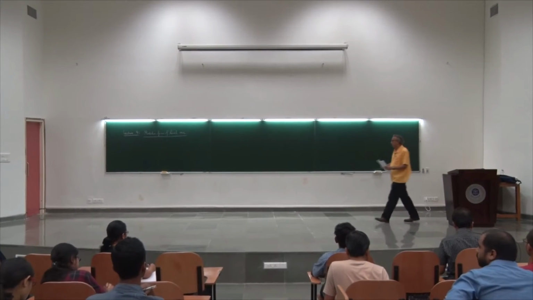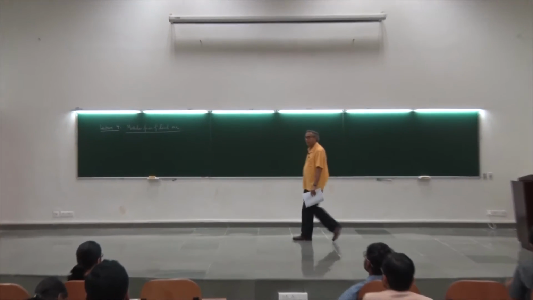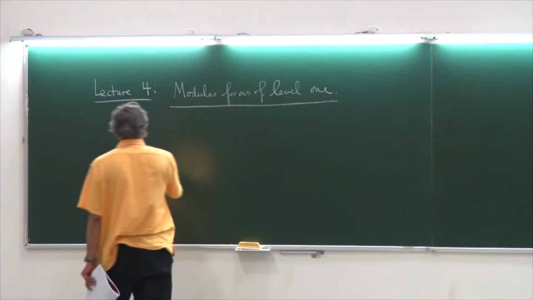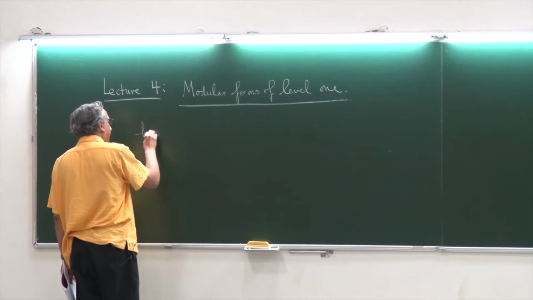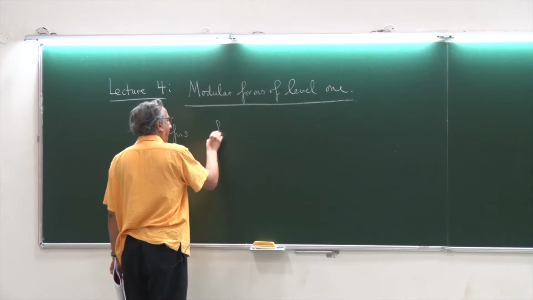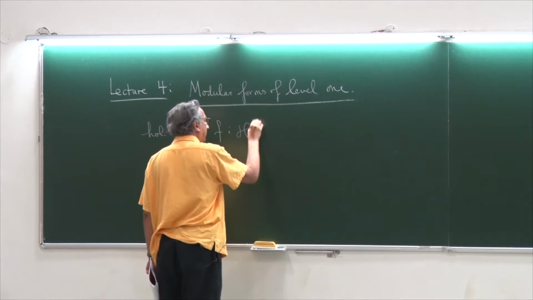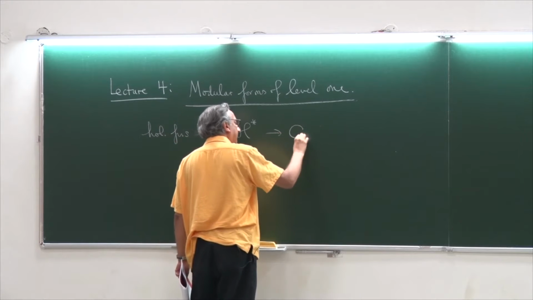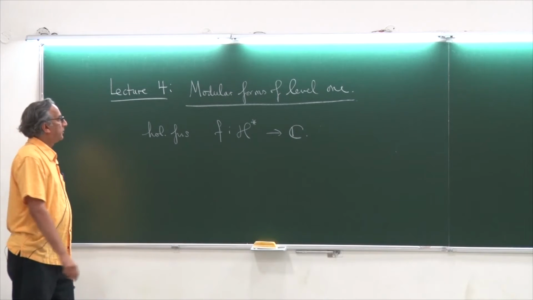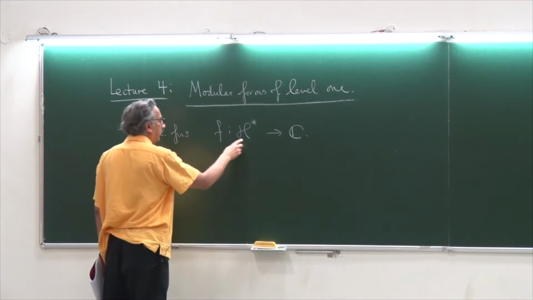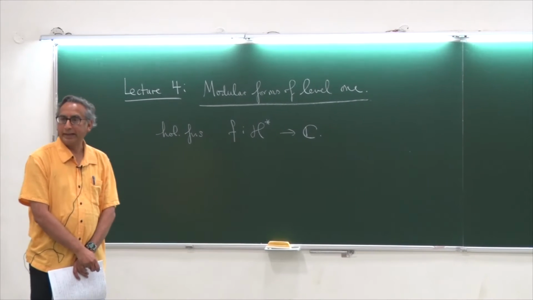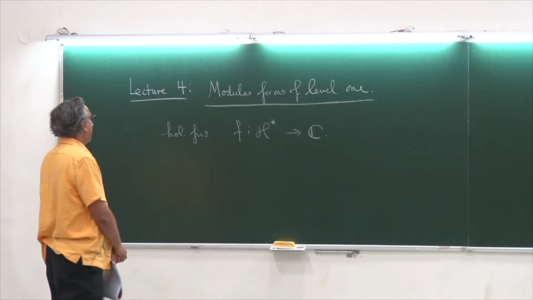Okay, so today's lecture will be about modular forms of level 1. We're going to be interested in holomorphic functions on the extended upper half plane, complex valued holomorphic functions. So I need to tell you a little bit about what it means to be holomorphic on the extended upper half plane.